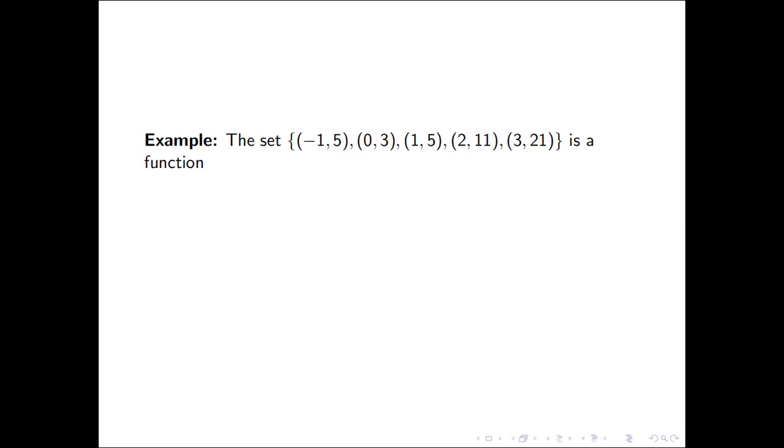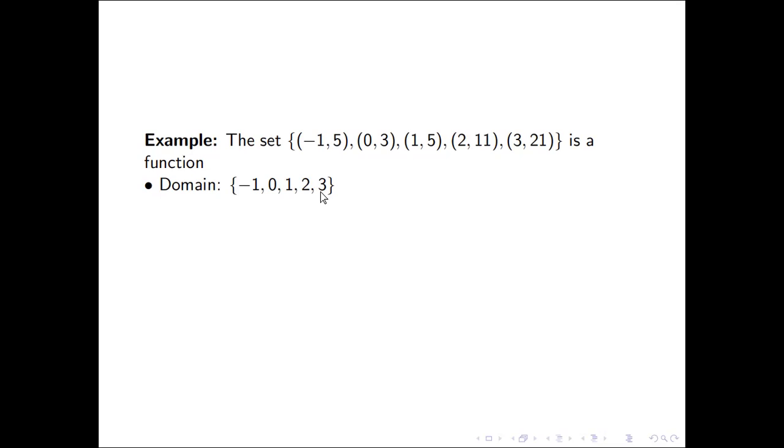So since it is a function, we can now proceed to writing down the domain and the range of the function. The domain is just the set of all X values. So just collect the X values and you have the domain there. There are 5 coordinates. That would mean 5 X values. So our domain should have 5 elements.